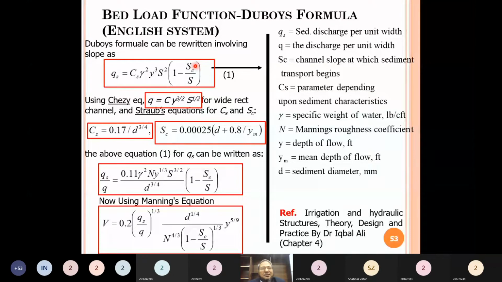What do you mean by critical slope? This is not the critical slope which we studied in hydraulic engineering.